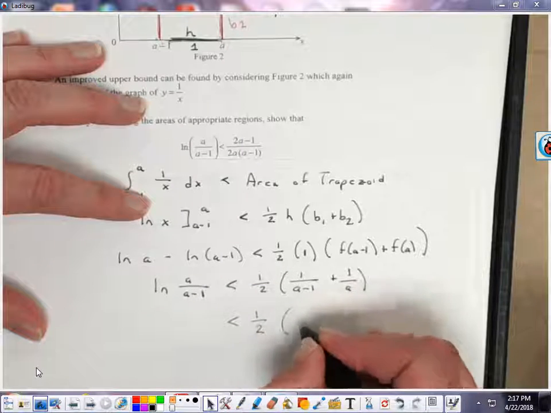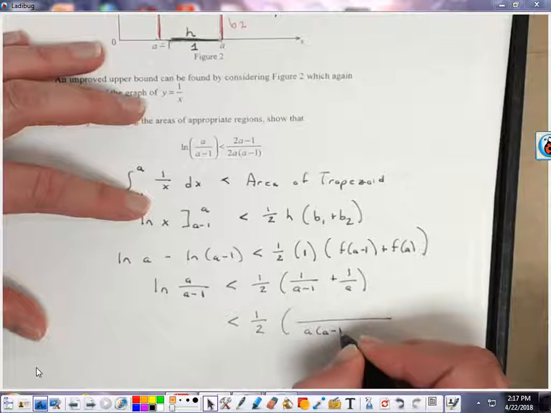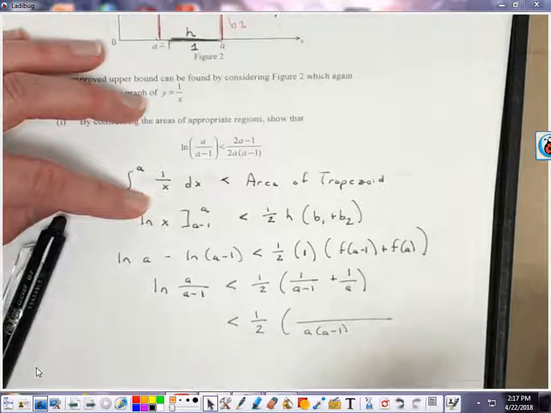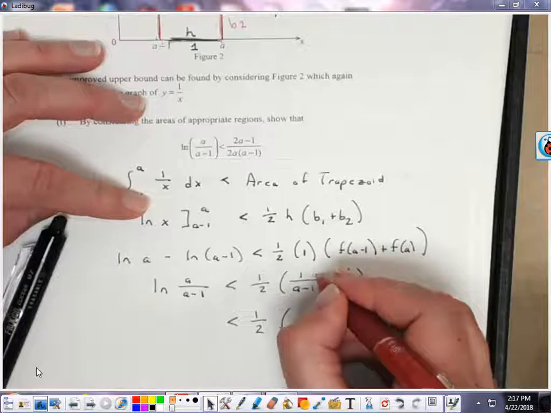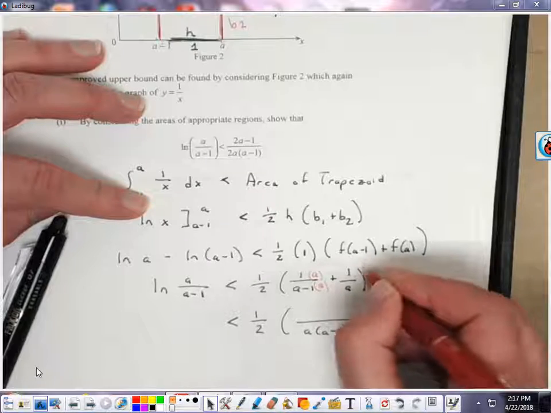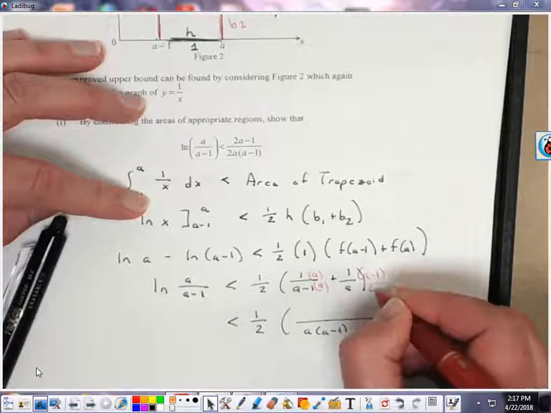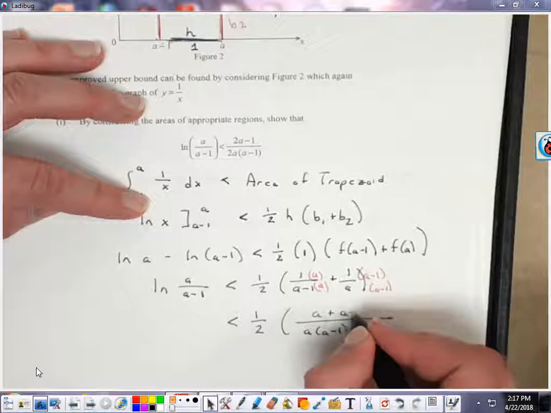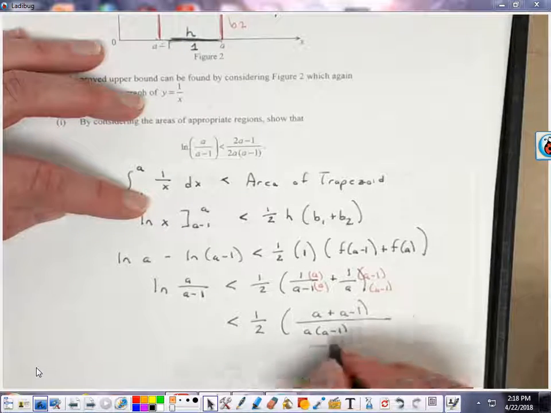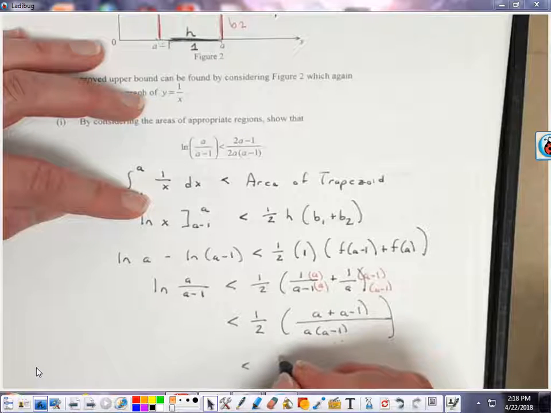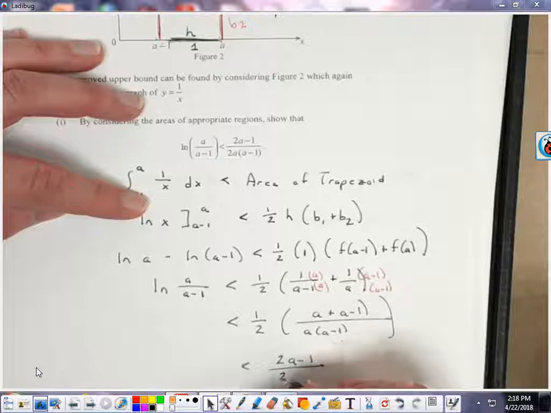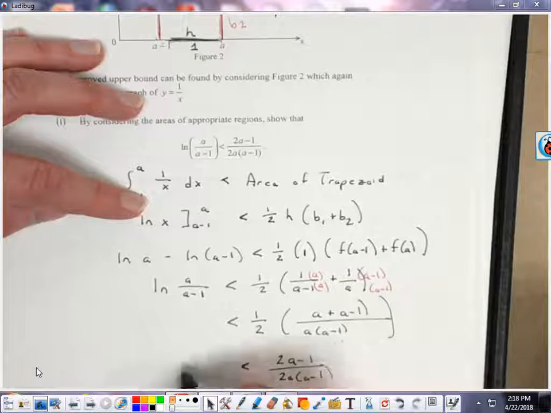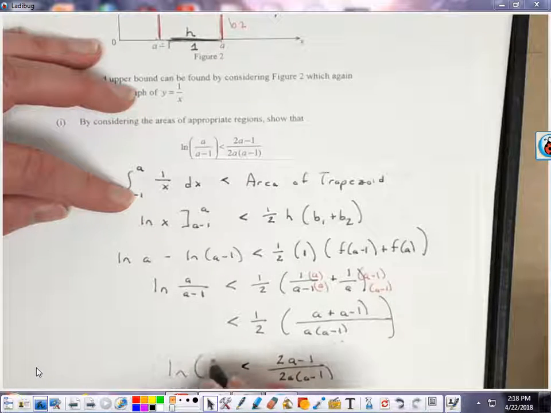We'll leave the half, get a common denominator. This guy is missing the a. This guy is missing the a minus 1. So I would have a plus (a minus 1), so you'd have 2a minus 1, and this 2 is just multiplied in the denominator. And we've got that.